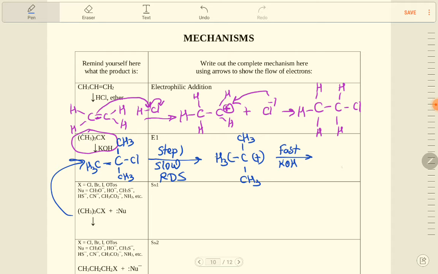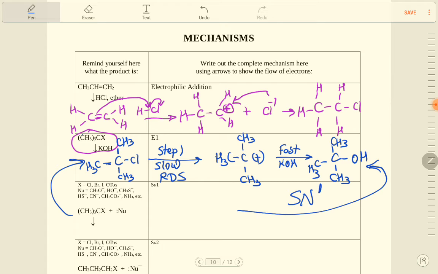So basically you can see CH3 and OH. So this is the step. Alright, this is basically Sn1 mechanism. Sn1. So this is basically Sn1. E1 we are going to work on it.